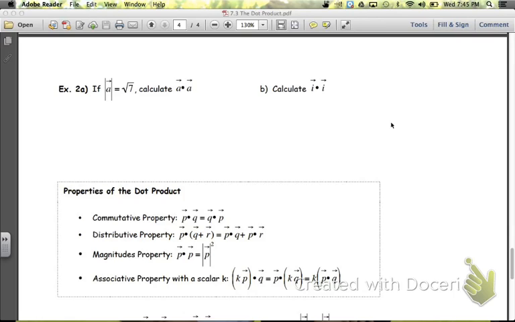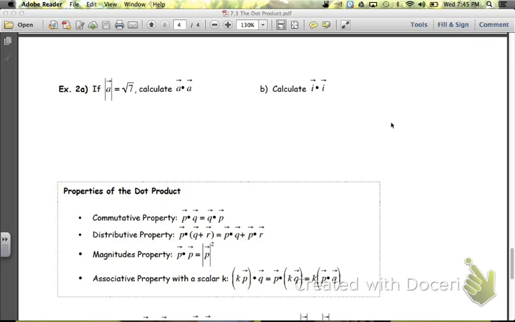So in 2a, if the magnitude of A is equal to the square root of 7, we want to calculate the dot product between A and A. So if we're talking about the same vector, I know my angle measurement between that vector is going to be 0.